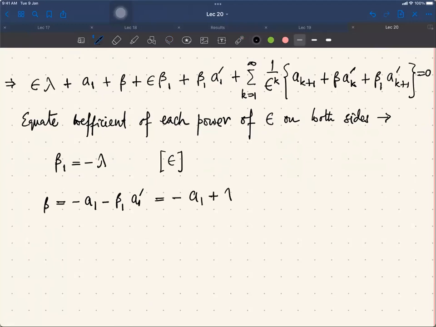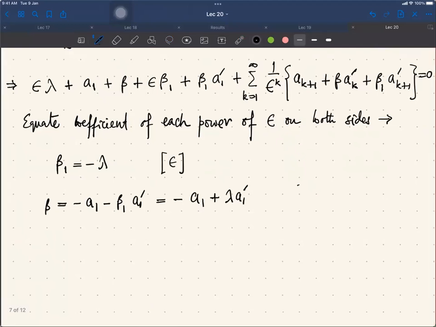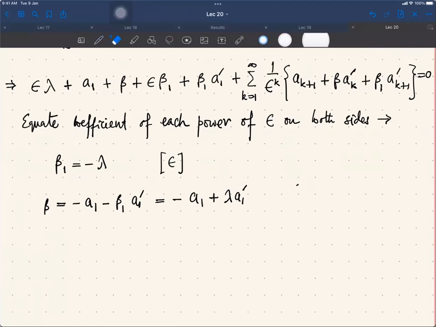So this is plus lambda a1 prime. So one can write it as minus 1 minus lambda d/d lambda acting on A1. This is the epsilon to the power 0 term.